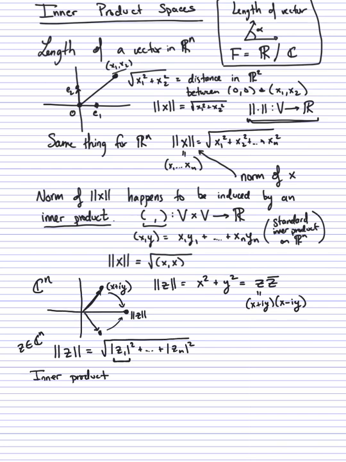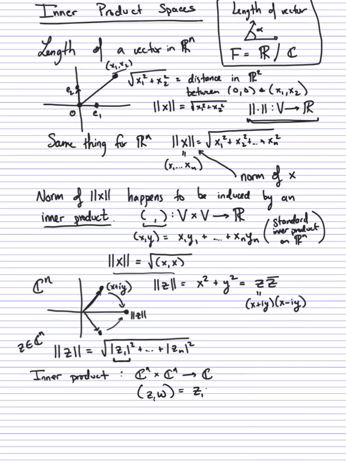In this case, this is just going to go from Cn cross Cn to C. To define analogously the inner product of two vectors in Cn, again, we want the norm to be equal to the square root of the inner product of a vector with itself.